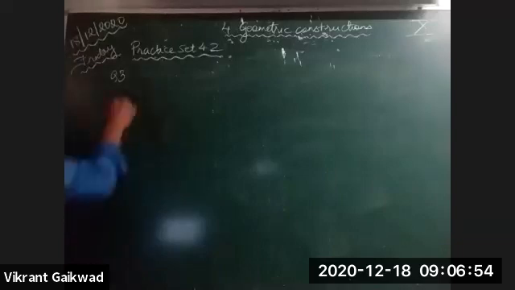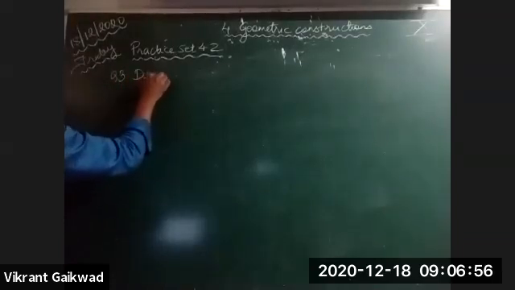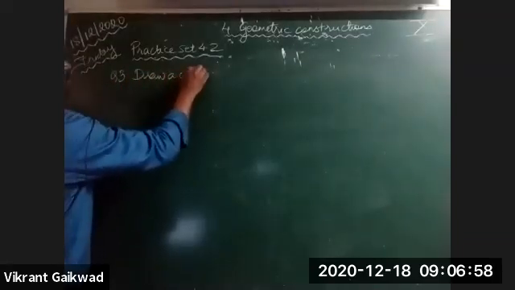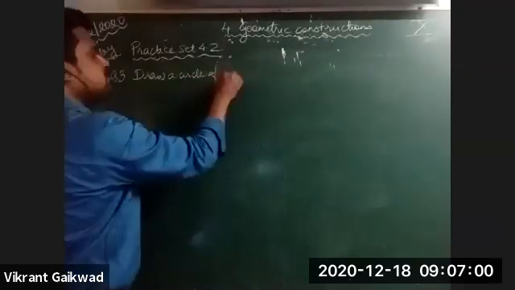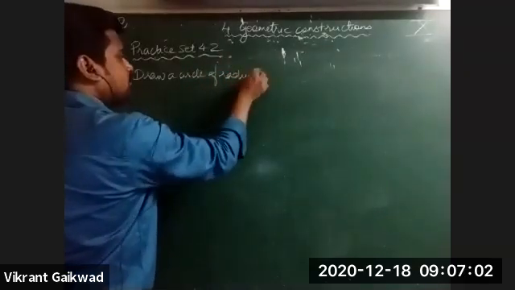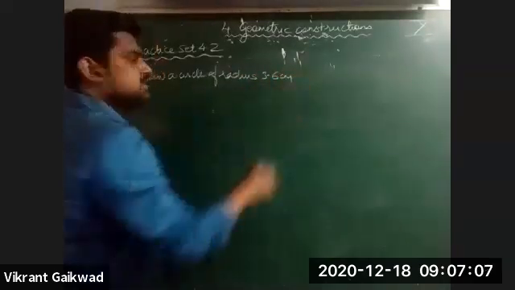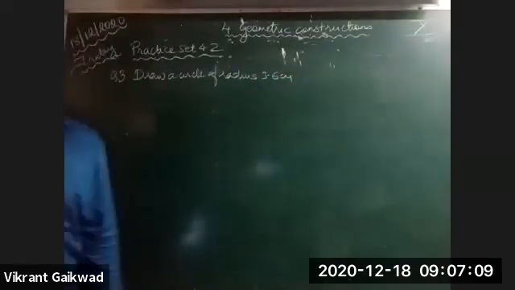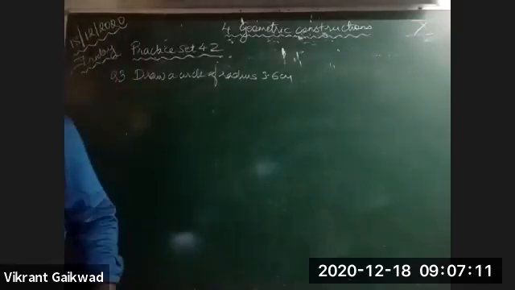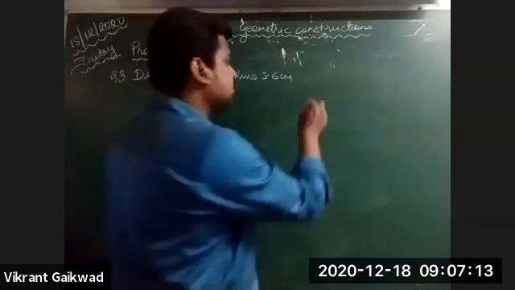So here the question is, draw a circle of radius 3.6 centimeters.